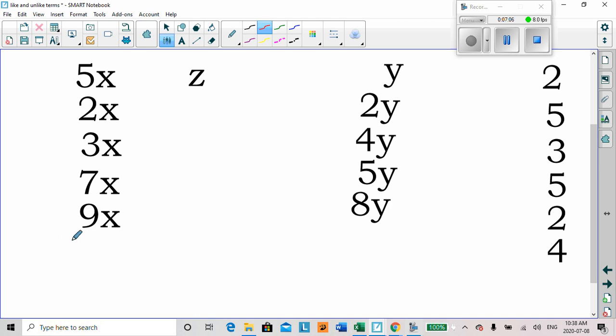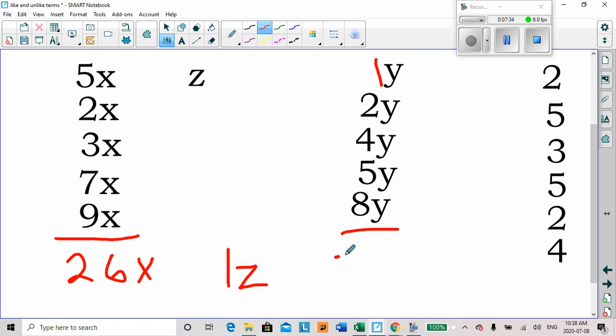Now what I'm going to do is add up how many x's I have. 5 plus 2 plus 3 plus 7 plus 9 is 26 x's. I have only one z. This is 1y, even though it doesn't say that. There's 1y plus 2 plus 4 plus 5 plus 8 gives me 20 y's.